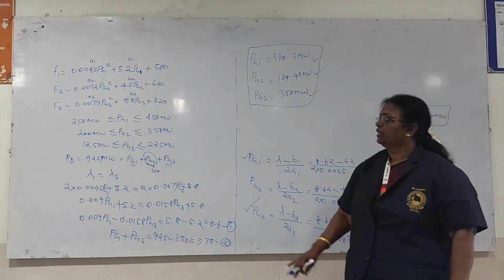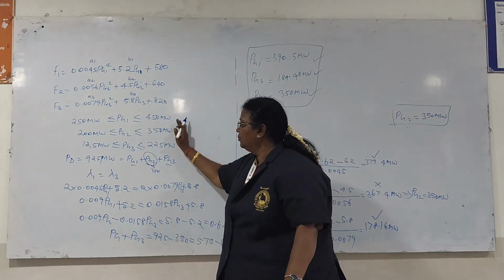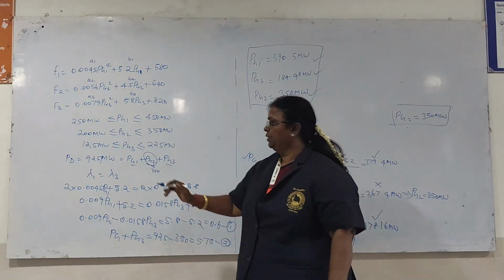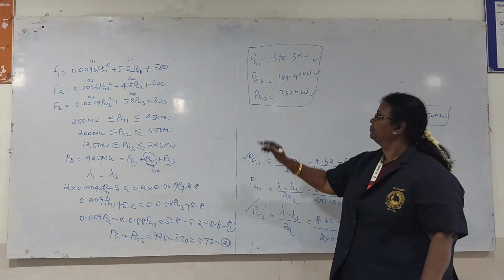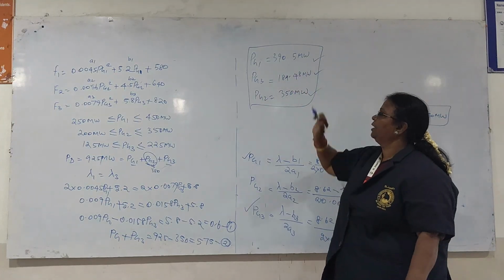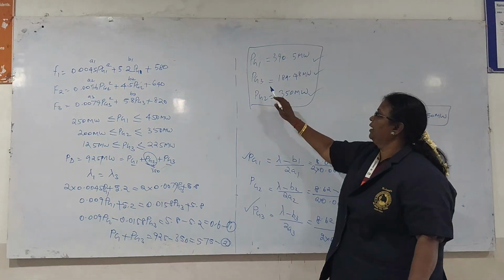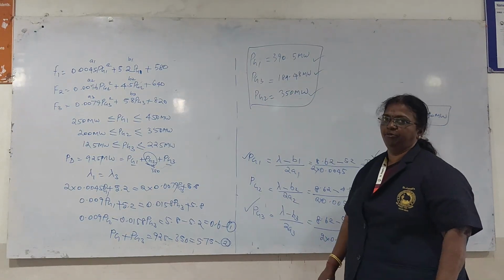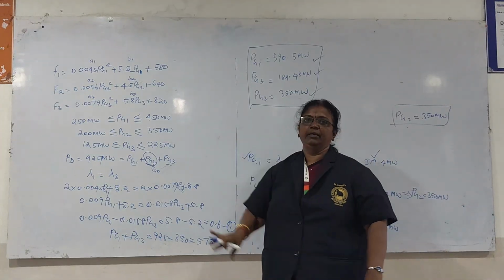So now in this problem, according to the given cost equations, given generating limits, and given total load, the three generators: PG1 is going to give 390.5 megawatt, PG2 is 350, PG3 is 184.48. All the values are within the generating limits.